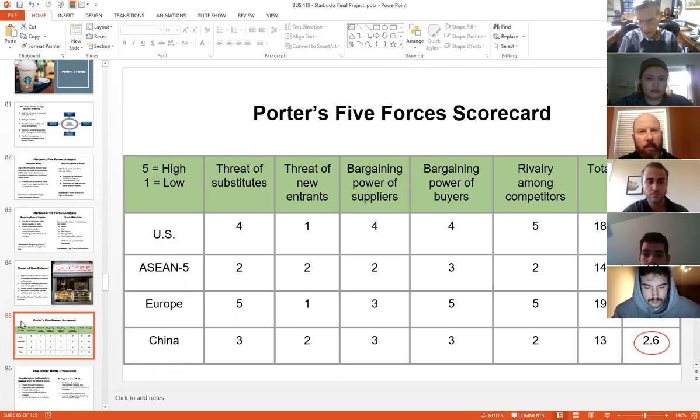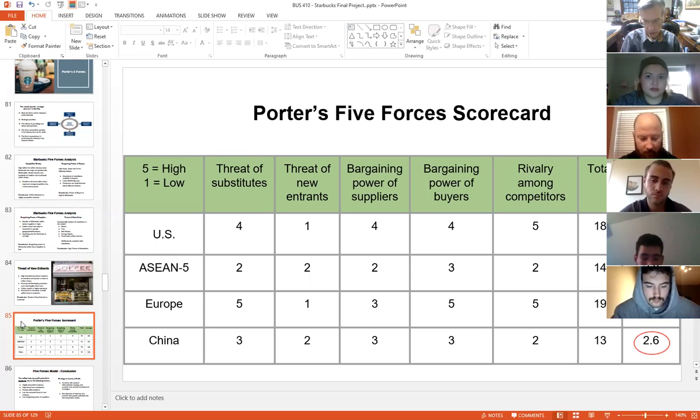Okay, so Porter's 5 forces scorecard. We did this along with Tiago, and we concluded that China has the highest profit potential. Remember that if the 5 forces are high, the profit potential of the industry is low, because all the 5 forces push profit down.